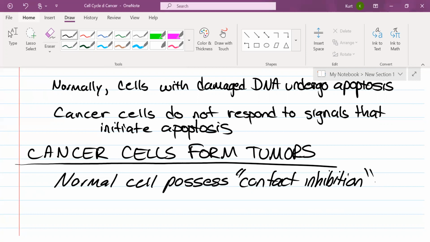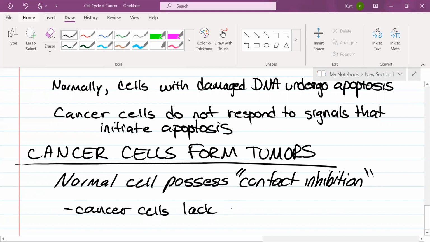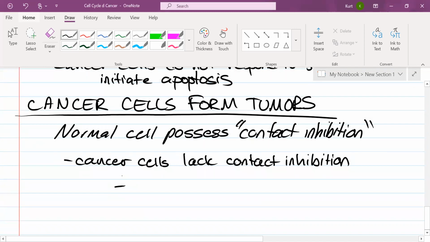Cancer just keeps bulldozing right through them. This is why they invade neighboring tissue.